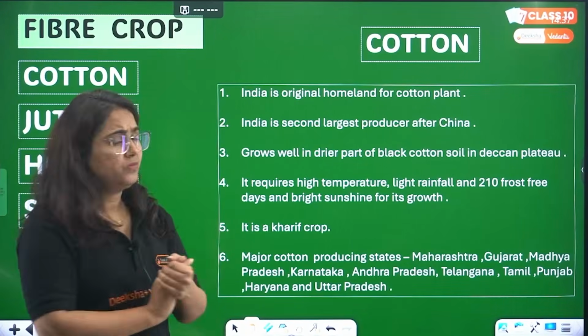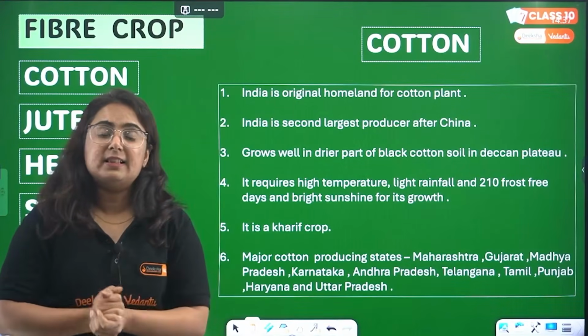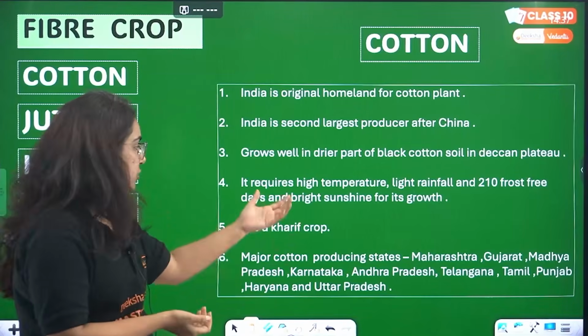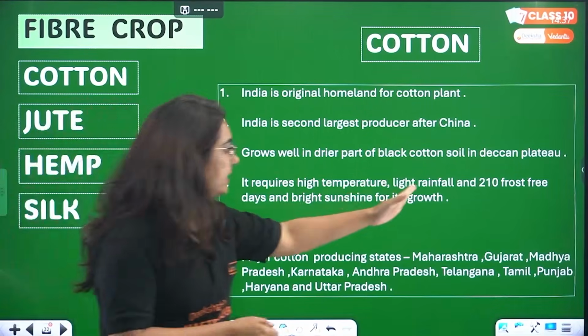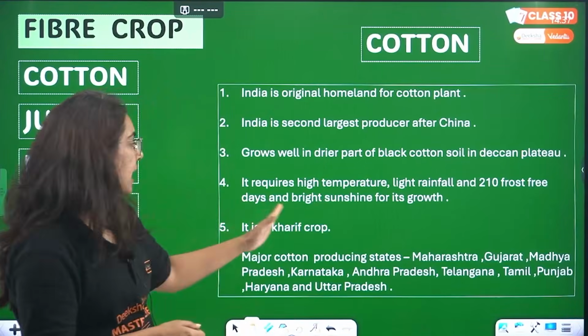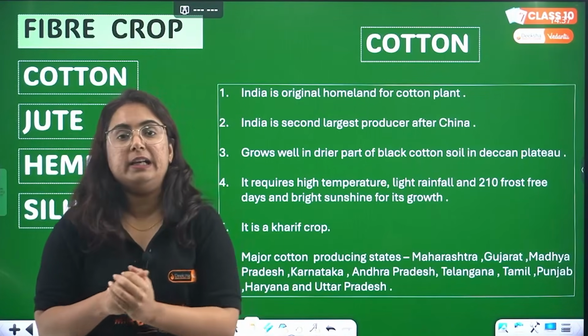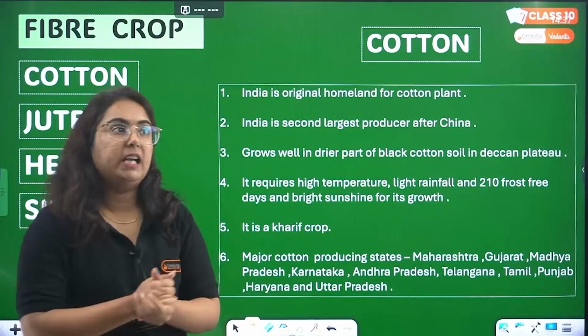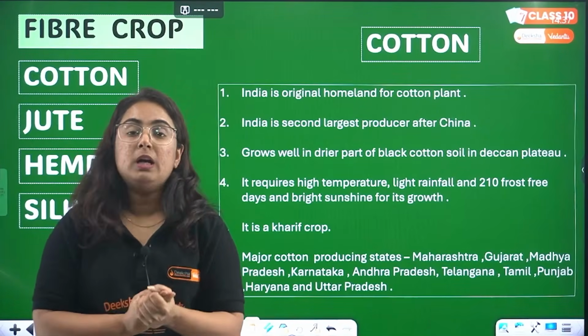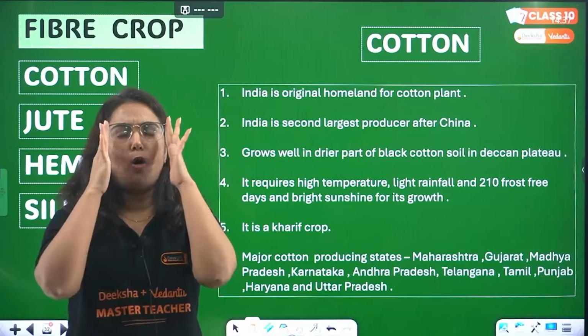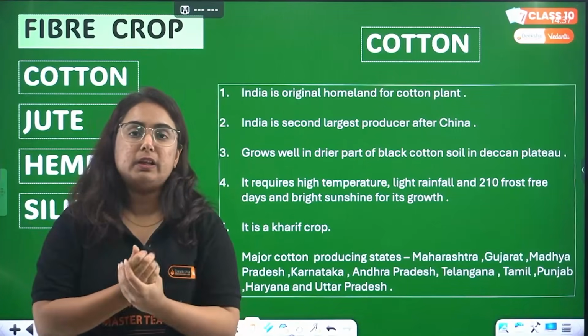Okay? See, now analyze the type of temperature we have in Maharashtra. Obviously high temperature, light rainfall, and 210 frost-free days and bright sunshine are required for the growth of cotton. Beta, it is a kharif crop, but you know that it is not the case that we don't get sunshine all the time in the rainy season.